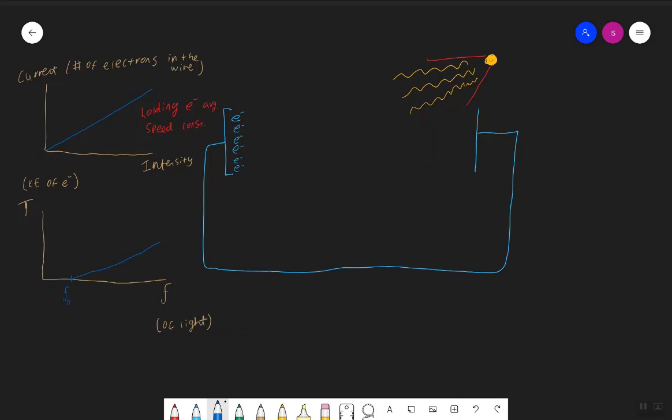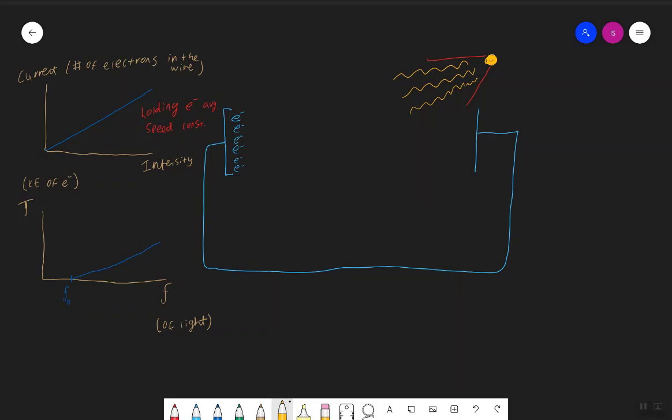Okay, so now we can go on to Einstein's interpretation of this. So Einstein's interpretation is that light comes in these discrete packets, which we will call photons. And he actually took this a little bit from Max Planck's work earlier in the 1900s, I believe 1901, where Max Planck showed that the energy of what's called blackbody radiation is proportional to Planck's constant h times the frequency.